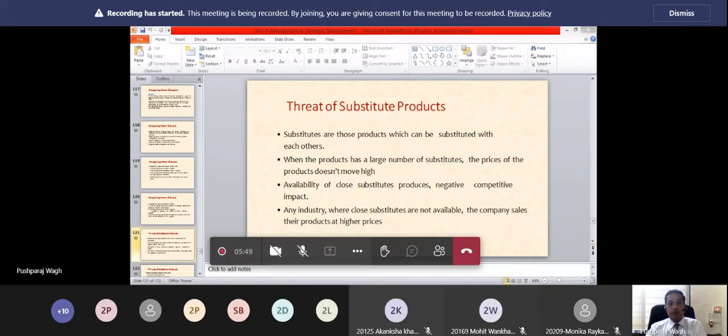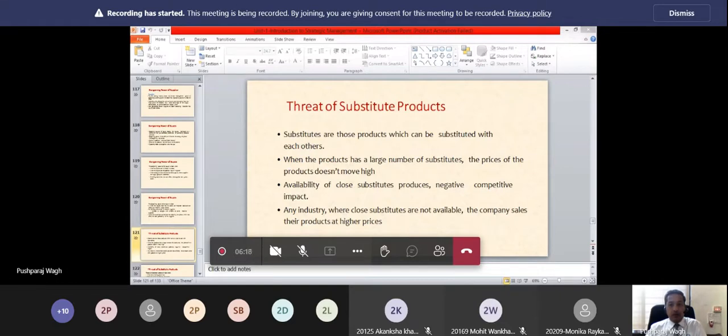Nobody can increase the price above that particular average price, because if they increase the price they will not be able to sell, because the customer has many alternatives. If that particular product is priced high, he may go to purchase another product. Therefore the price cannot be increased.